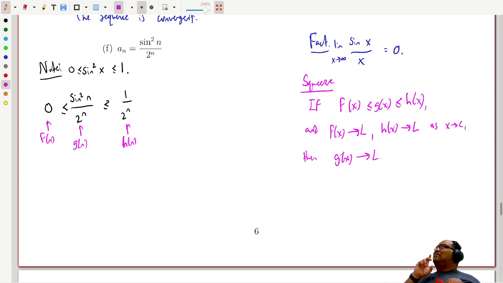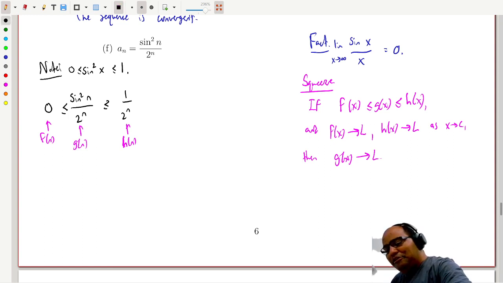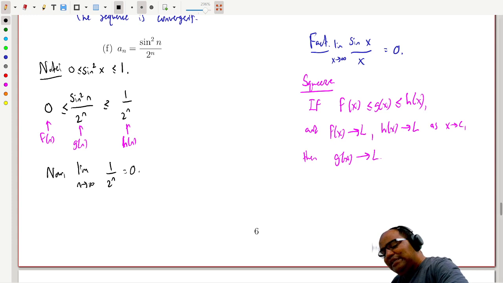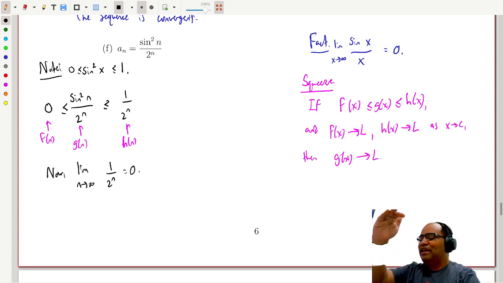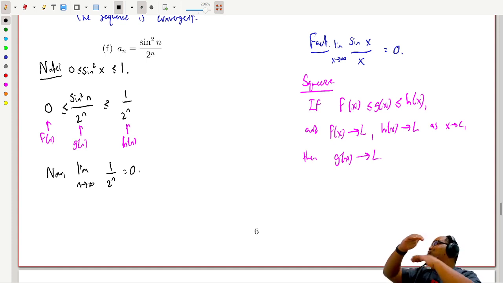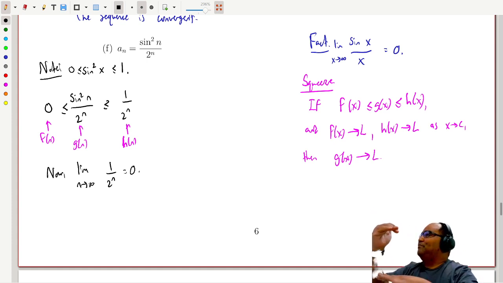Now you might be able to see where this is going. The limit as n goes to infinity of 1 over 2 to the n is 0. 0 is constant, 1 over 2 to the n is going to 0, and this other thing in the middle, sine squared n over 2 to the n, is trapped in between 0 and 1 over 2 to the n.